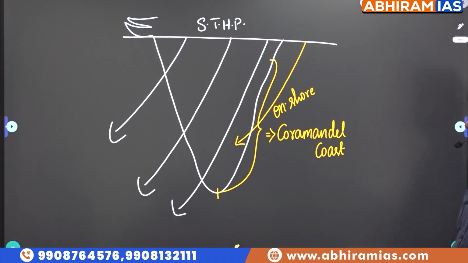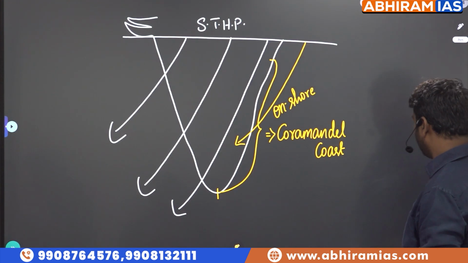Fine. So guys, Coromandel coast receives rainfall during which season? Winter season. Which festival is celebrated on the basis of this? Sankranti. Sankranti is on the basis of winter rainfall. Okay, January, right? Winter rainfall. That is helpful in this particular part. Which coast? Coromandel. Coromandel means which one will come? Tamil Nadu and southern Andhra Pradesh. That is Kanyakumari to Krishna river. Coromandel coast. Right? So, this is one part.